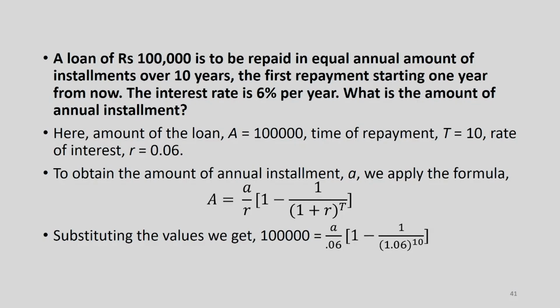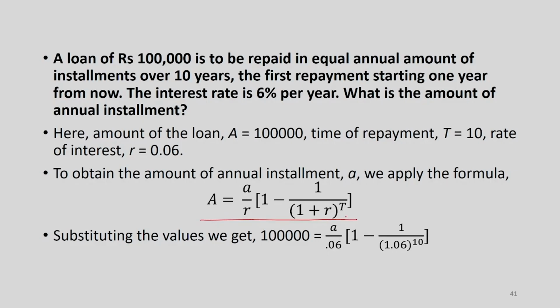So we have to find out what is the annual installment, what is the annual amount of money that the borrower has to pay back, and that we have seen can be solved by taking the help of this formula. Capital A, the amount of loan, is equal to small a divided by r multiplied by 1 minus 1 divided by 1 plus r to the power capital T.